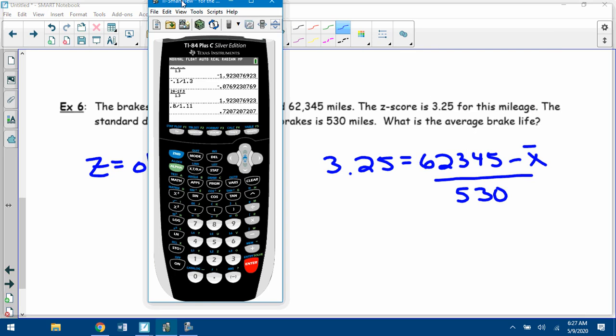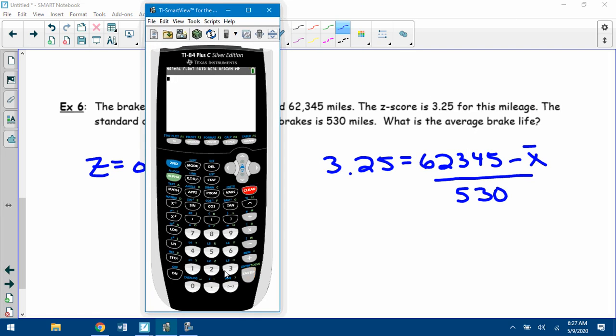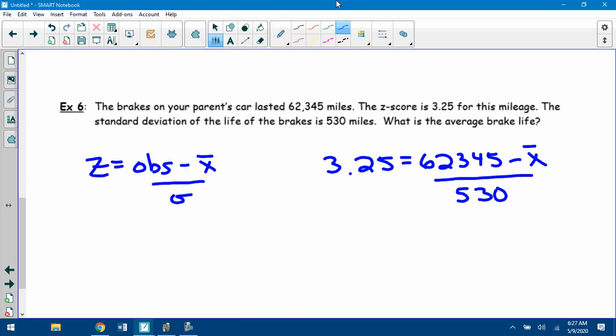Okay, so we're going to cross multiply. 3.25 times 530 gets me 1722.5 equals 62,345 minus x bar.